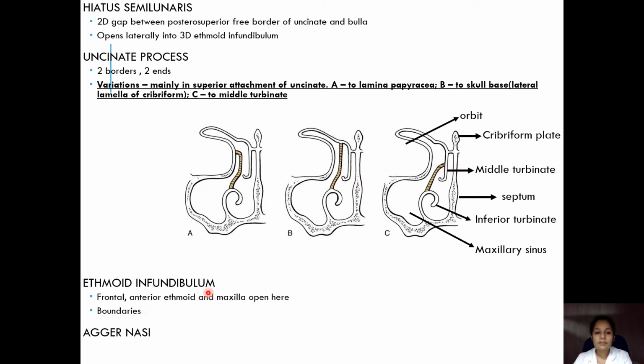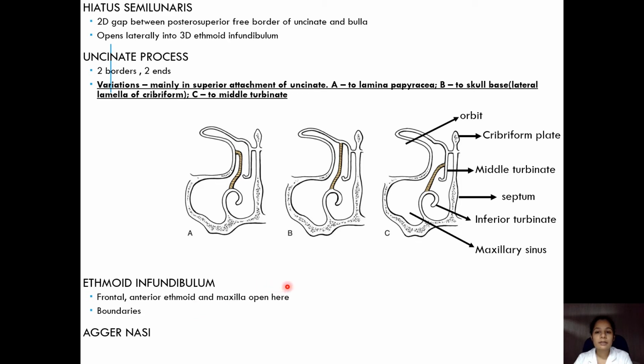Now ethmoid infundibulum is a three-dimensional space lateral to the hiatus semilunaris into which all the three anterior group of sinuses, that is the frontal sinus, anterior ethmoid sinus, and the maxillary sinus open.